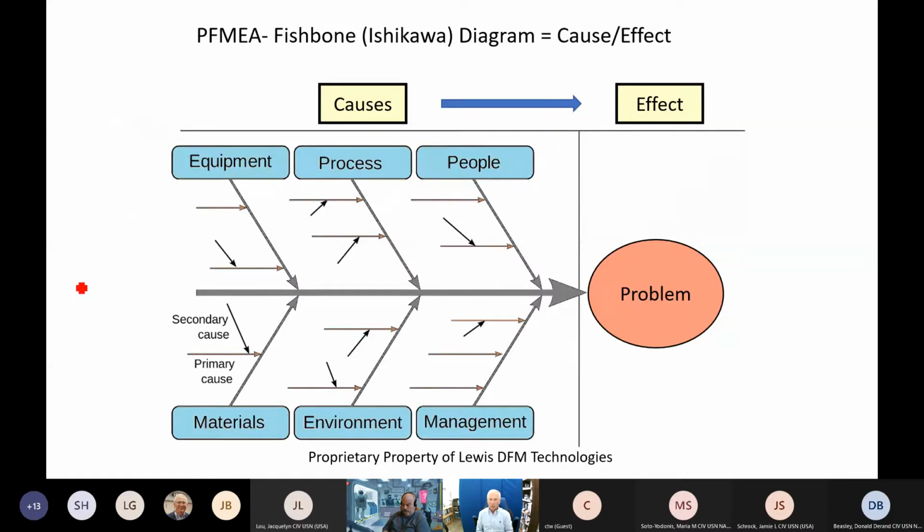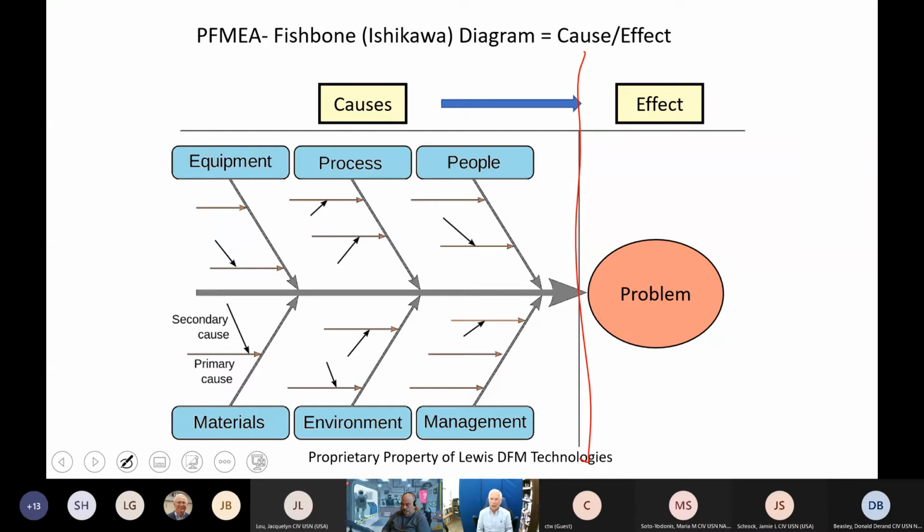We can't really dive into the PFMEA process until we take a quick look at the fishbone diagram, which is also called an Ishikawa diagram, or the cause and effect diagram. And what we have in this graphic is, on the left, all the causes, and on the right, the effect or the problem that results from these causes. This is a really simplistic way of saying, okay, we know what our problem is. What is the cause of our problem?